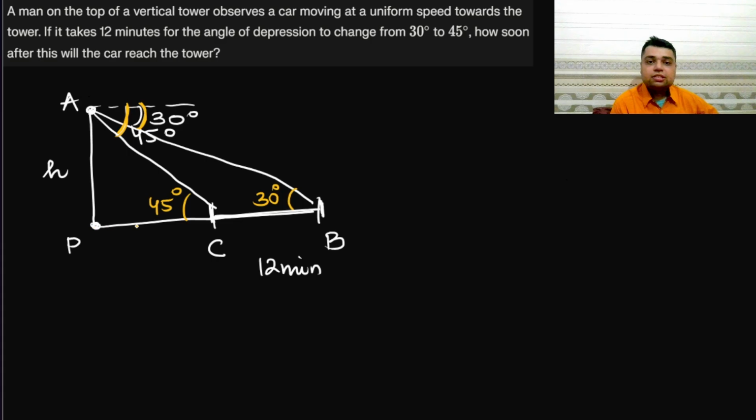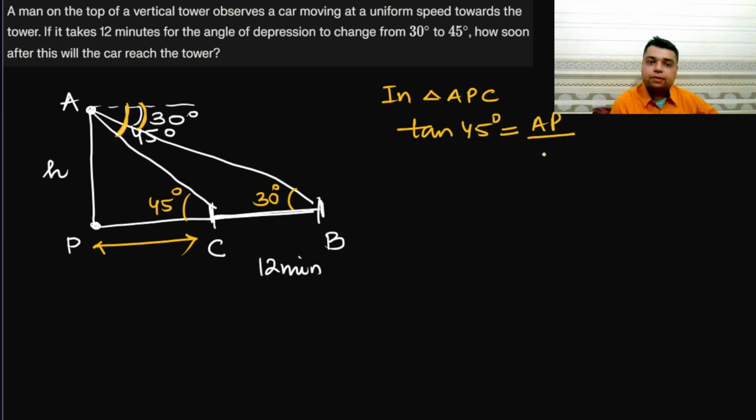Now in this triangle APC, we need to find PC, right? So tan 45 degree is equal to AP perpendicular upon base, that is PC. So 1 is equal to AP upon PC, right?